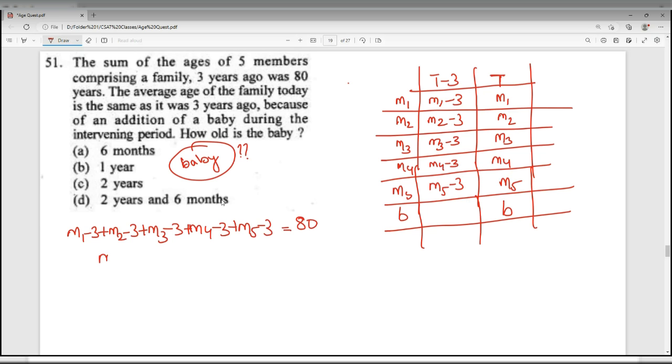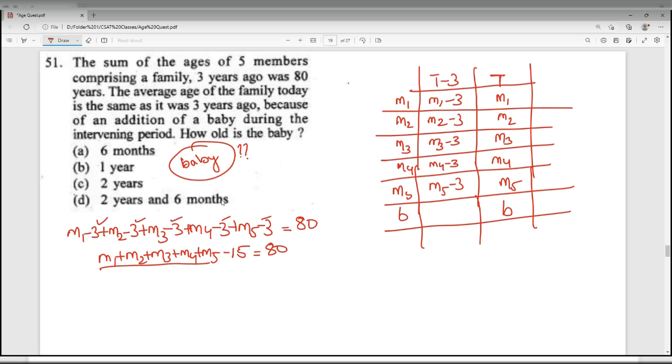So you can say M1 plus M2 plus M3 plus M4 plus M5 minus 15. So 3 into 5, there's minus 3 five times, so it is 15. That is equal to 80.